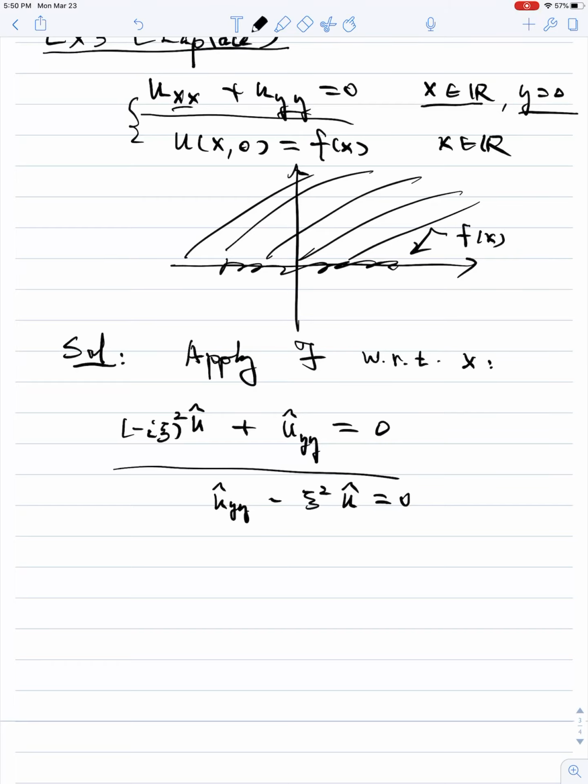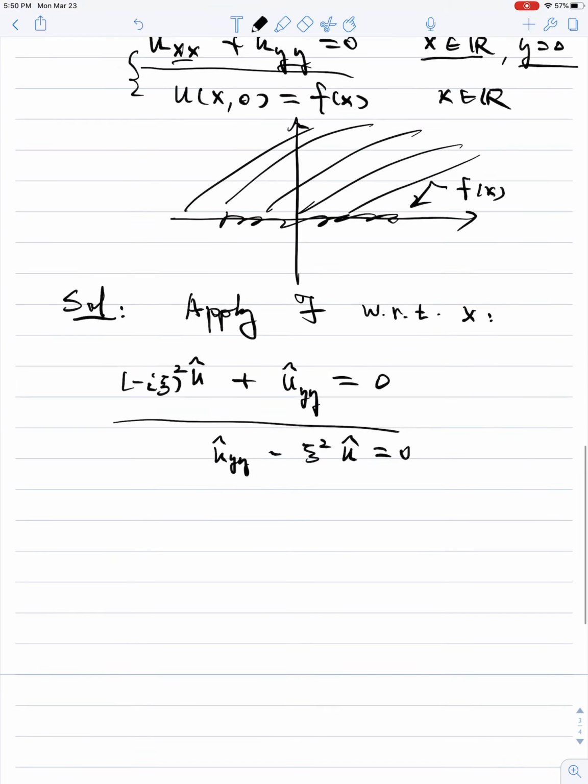We can consider this as an ODE with constant coefficients, and the characteristic equation gives lambda equals positive or negative |ξ|.